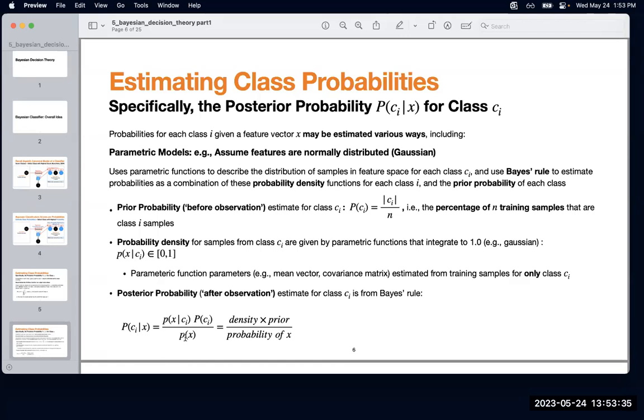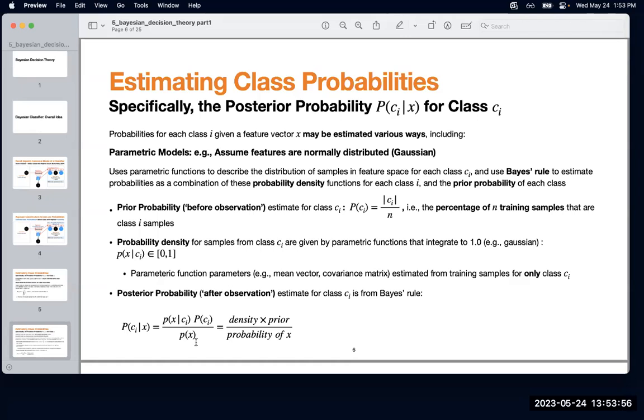The marginal is just the function of the input, not conditioned on anything. The reason why I skipped the description of the marginal, the p of x that you see here in the denominator, is because most of the time you don't even need to account for that probability function.